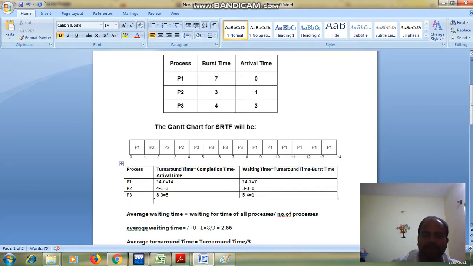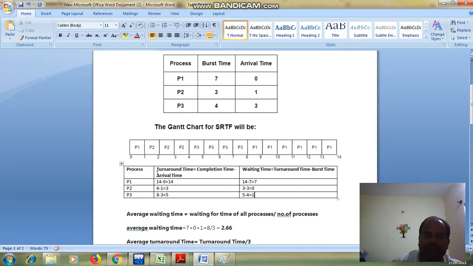For P3, the turnaround time is 5 and the burst time is 4, so 5 minus 4 is 1. Logically also, P3 is allocated at 4 seconds and arrived at 3, so 4 minus 3 is 1 second. P2 is allocated at 1 second and arrived at 1 second, so 1 minus 1 is 0.